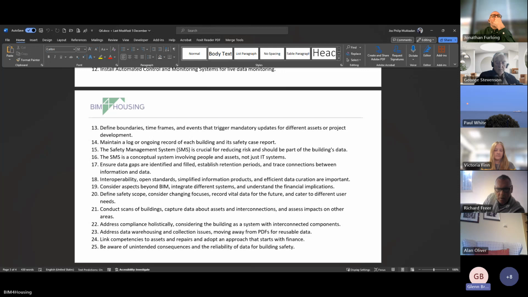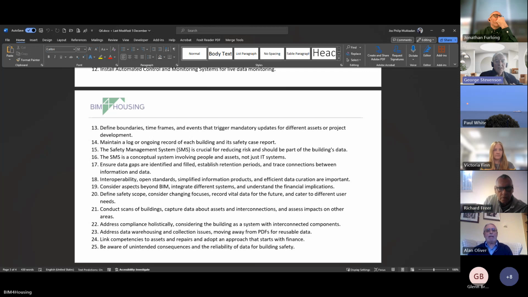And every element that is required to be checked, and we're building our platform on that basis, trying to make that easier for housing associations, for example, or local authorities or developers. What does holistic compliance mean? And yes, the building is an interconnected system of relative components, but I just wondered what that actually means.